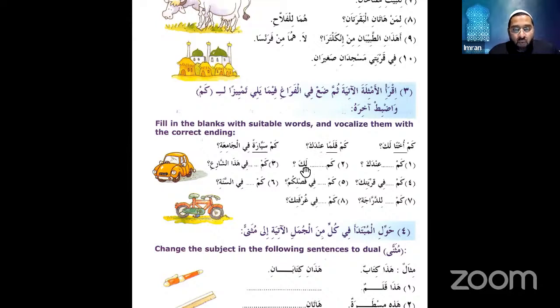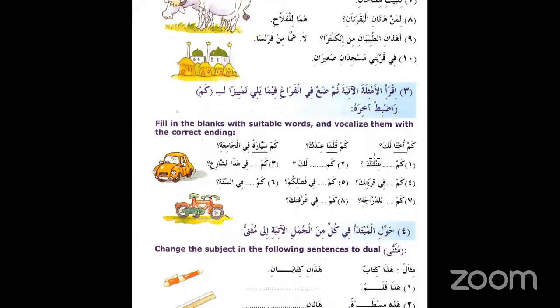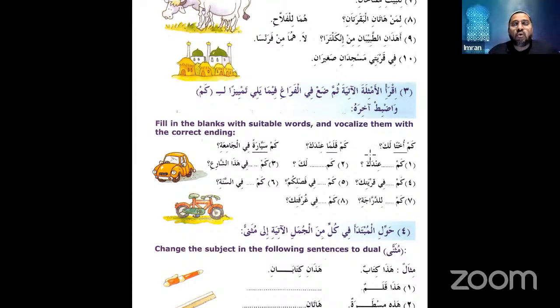When using laka, you need to put a word of relationship: how many brothers or how many sisters? The other point to remember is that laka is for things which are non-separable. Brothers and sisters are non-separable, but house, pen, keys are separate from a person itself. That's the reason why you use indaka.